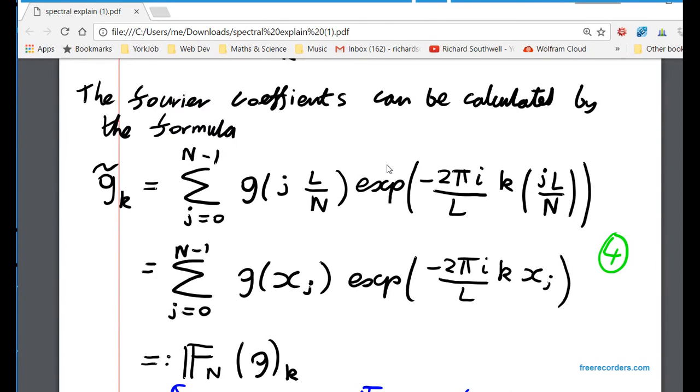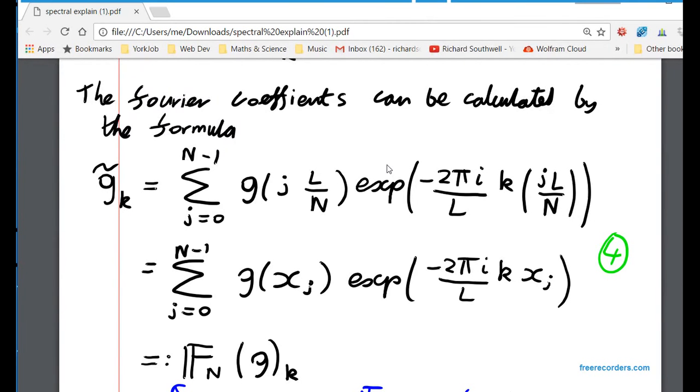Now, with the fast Fourier transform method, we can work out these Fourier coefficients very, very quickly, in n log n time, by this magical algorithm called the fast Fourier transform.